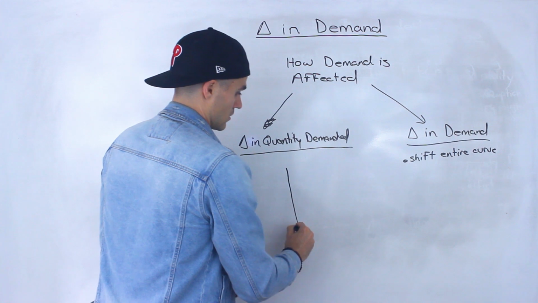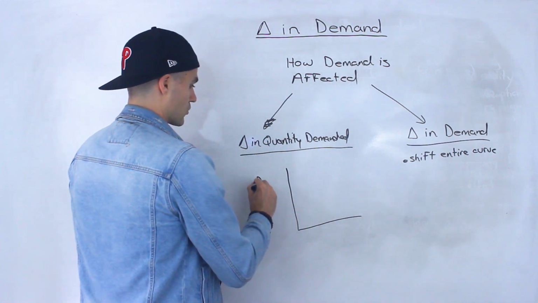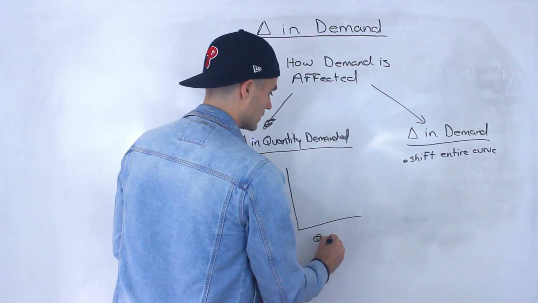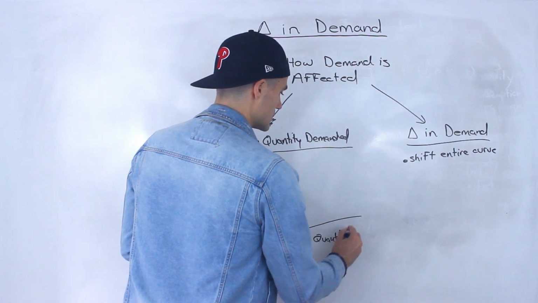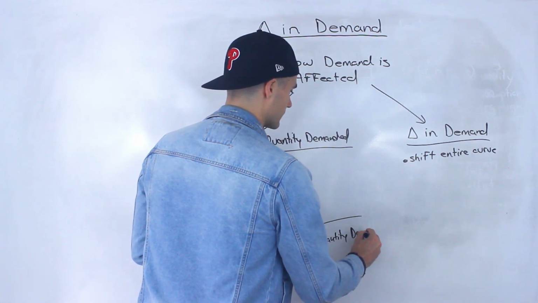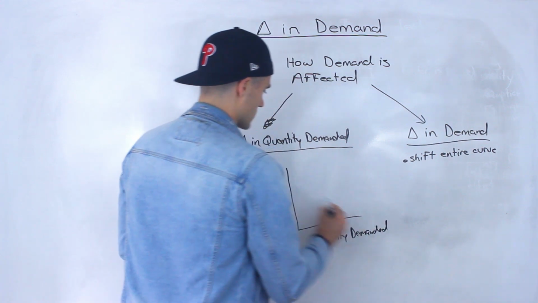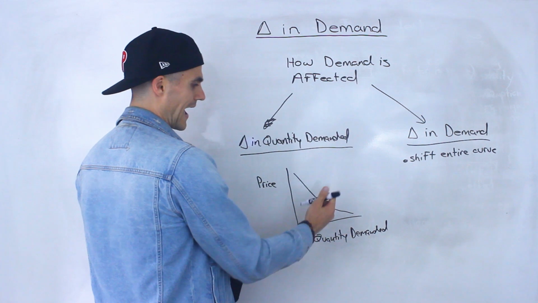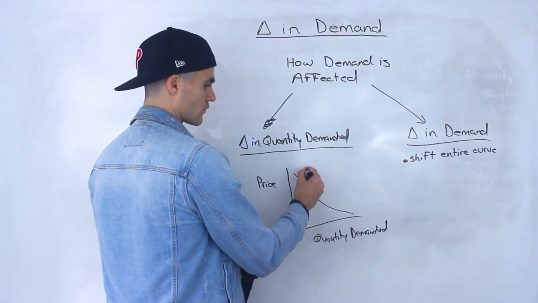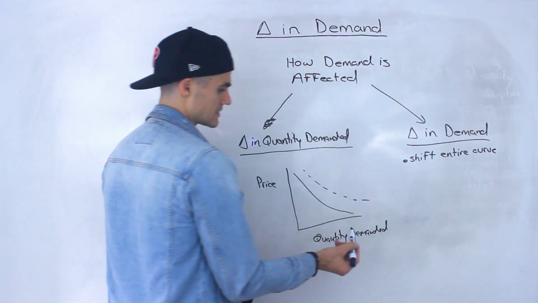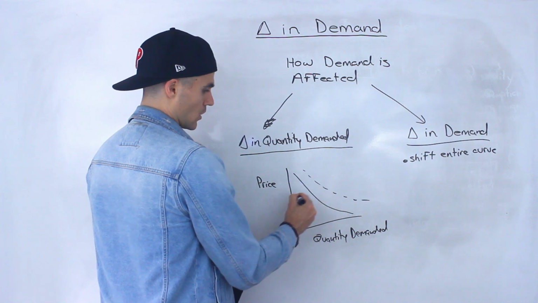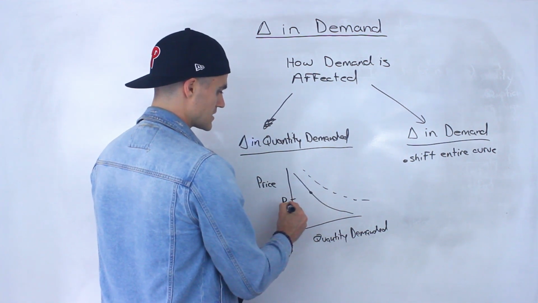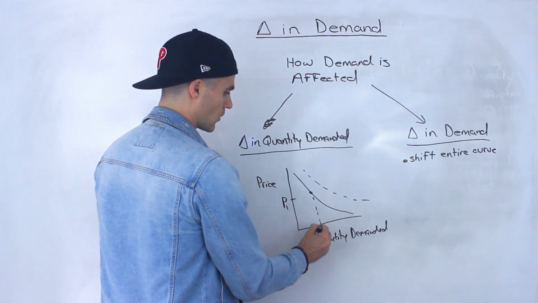So we got price here. We got quantity demanded. So let's say that we got this curve here. Well, what's going to happen if we shift this curve to the right, if it goes this way? Well, notice that for this price here on this curve, we got this quantity demanded.